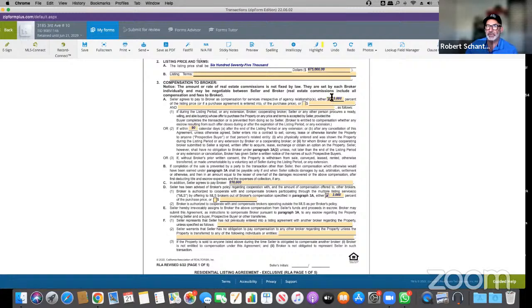Here's what happens. We see this a few times. Some agents will think that this section up here is what the broker is going to keep. It's not. It's what the broker is paid so that they can then pay out the cooperating broker. So if you were to put 3% here and 3% here, what does that mean?